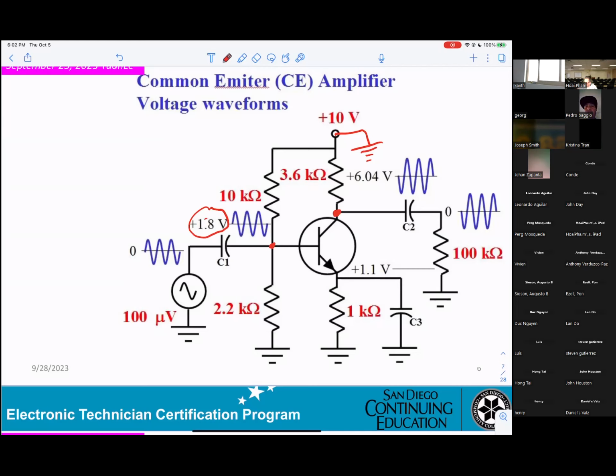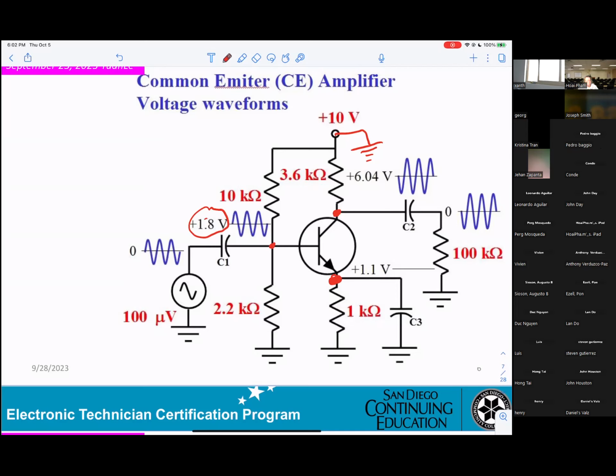Okay, now tell me what DC is wanted for VE. 1.1. How come you get 1.1? They already calculated for you right here.